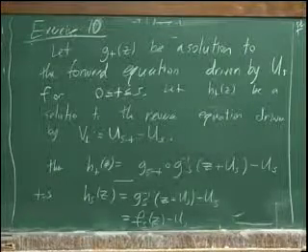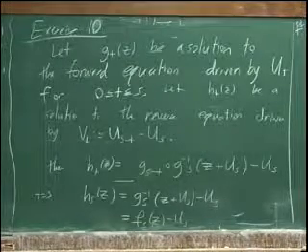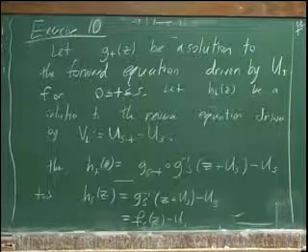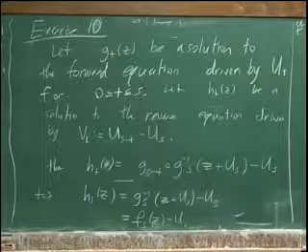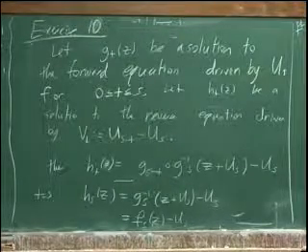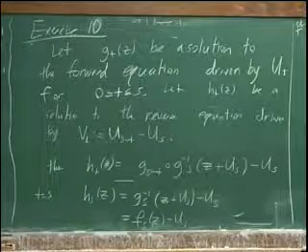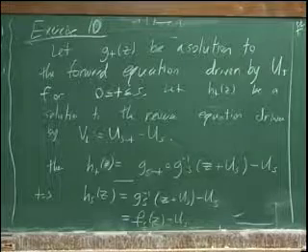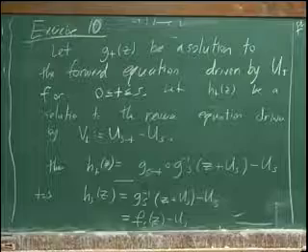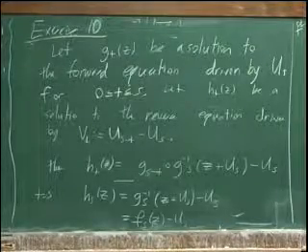And now if we drive our reverse equation also by a Brownian motion, so v sub t is a standard Brownian motion, and h sub t is a solution to the backwards equation driven by v sub t, so all the same things just going backwards now.